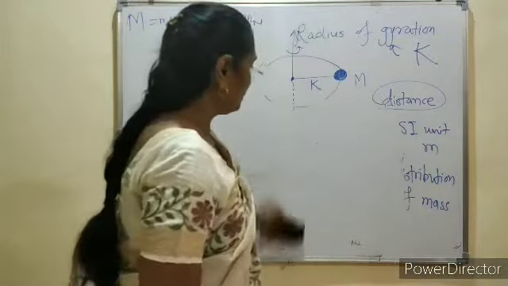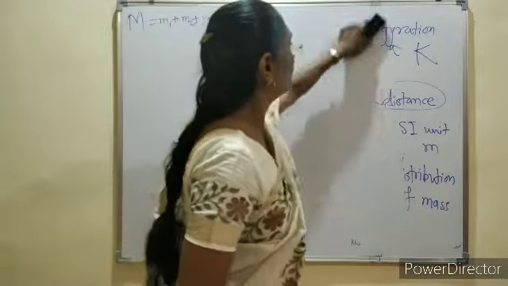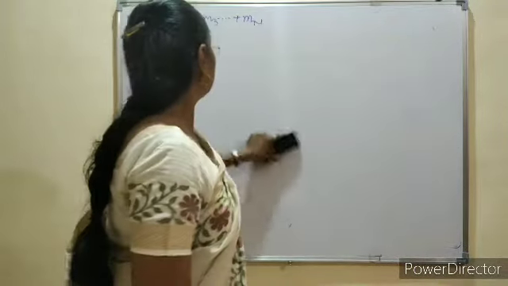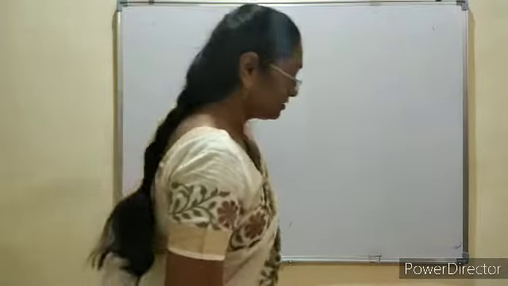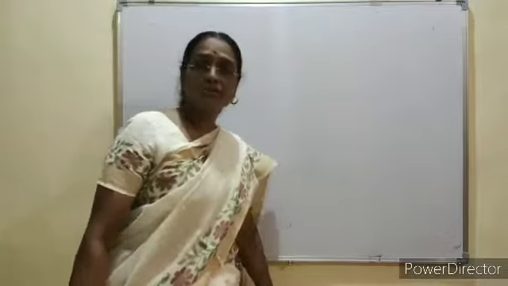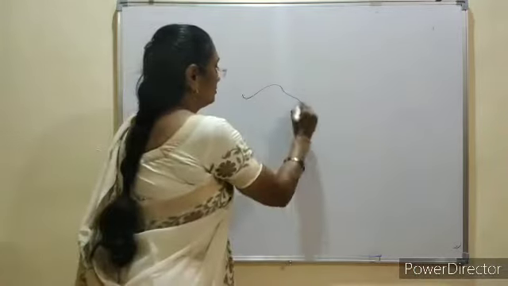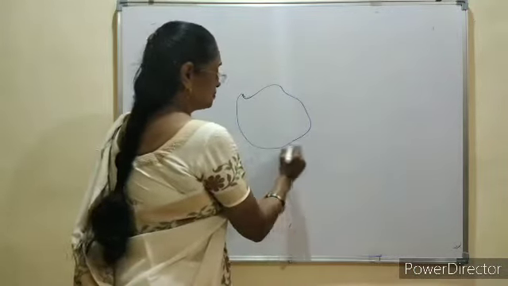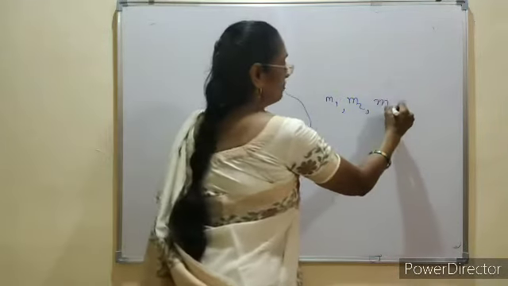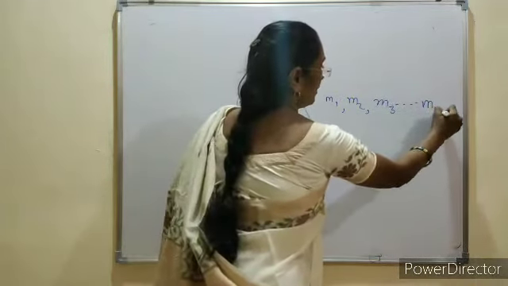Now we have related radius of gyration to the moment of inertia of a body. While considering the derivation of rotational kinetic energy and the definition of moment of inertia, we considered a body consisting of particles m1, m2, m3 up to mn.